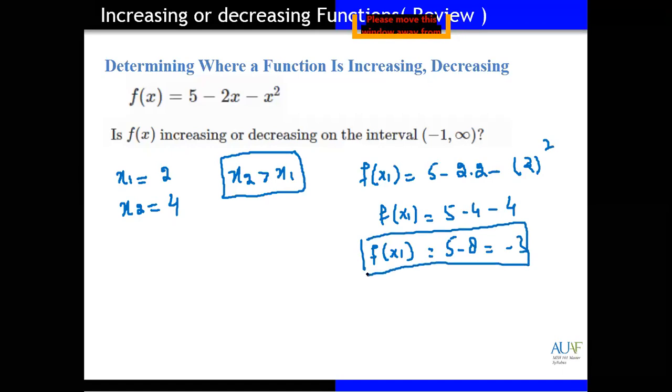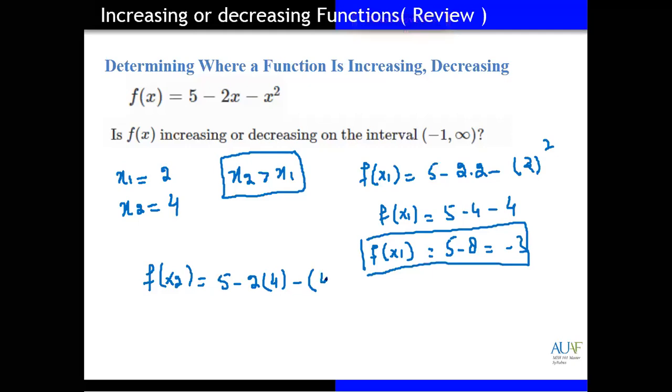Now give the second value. The second value is x2. So we have f of x2 equal to 5 minus 2 multiply with 4 minus 4 square. 5 minus 8 and minus 4 square is minus 16. So 5 minus 24, and 5 minus 24 equal to minus 19.